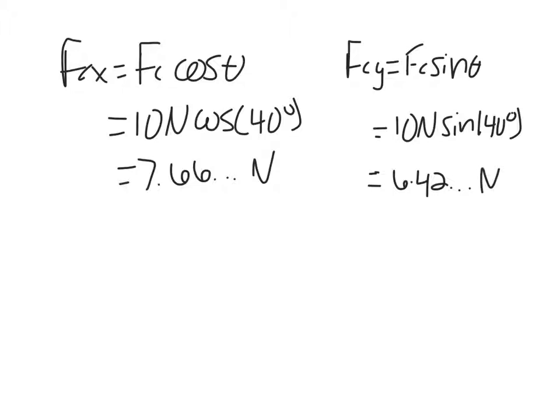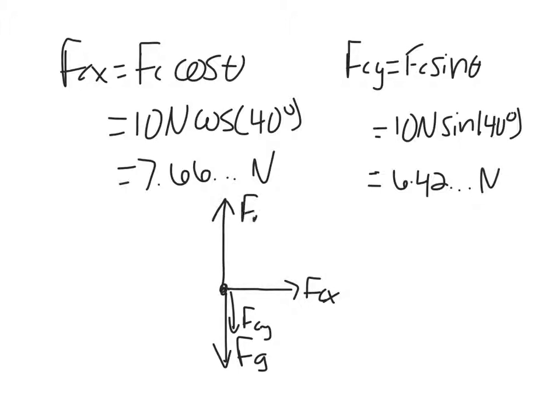So on my force diagram, I'm just going to resketch it. You don't have to. We've got FG and FCY going down. Going to the right, we have FCX. Going up is the normal force, and going to the left is the frictional force.